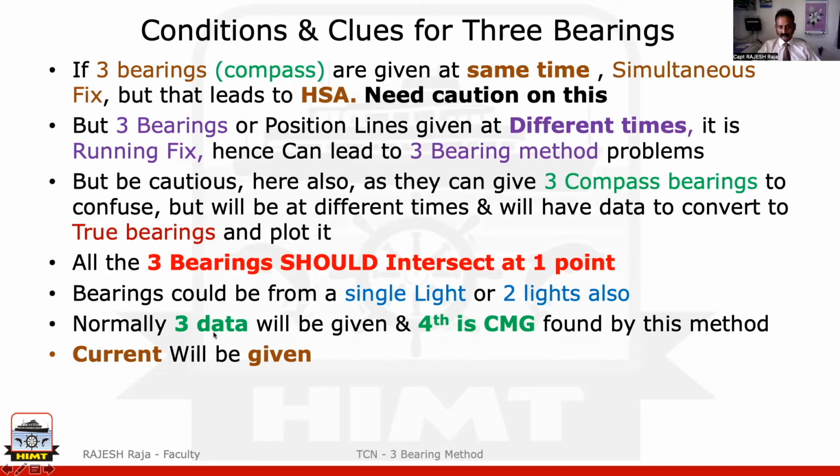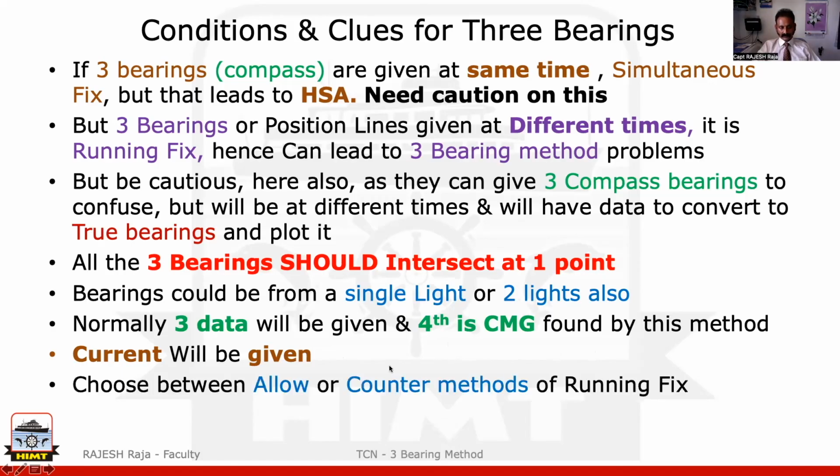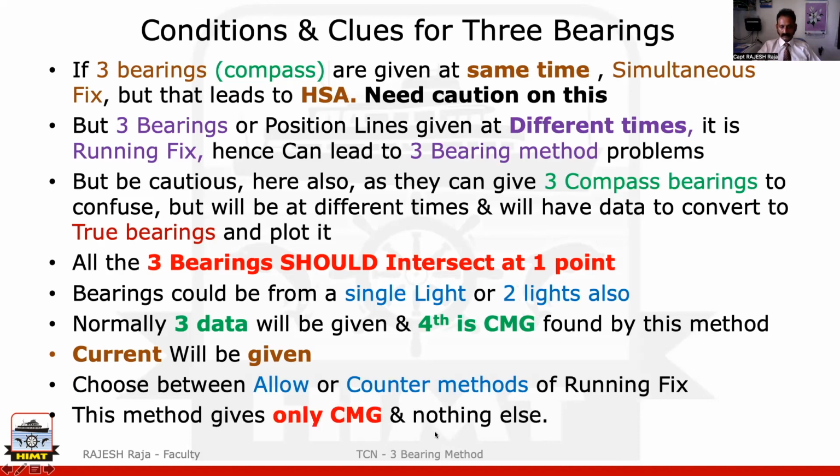As far as this question gives me only 3 data or fewer, I know the 4th one is your CMG. I'll be choosing between the allowing method and the counteracting method for the running fix. It's a simple concept which I'll take care of later. So here this particular question was the allowing method. Why? Because CTS and engine speed were given. And this whole method gives me only CMG, nothing else.